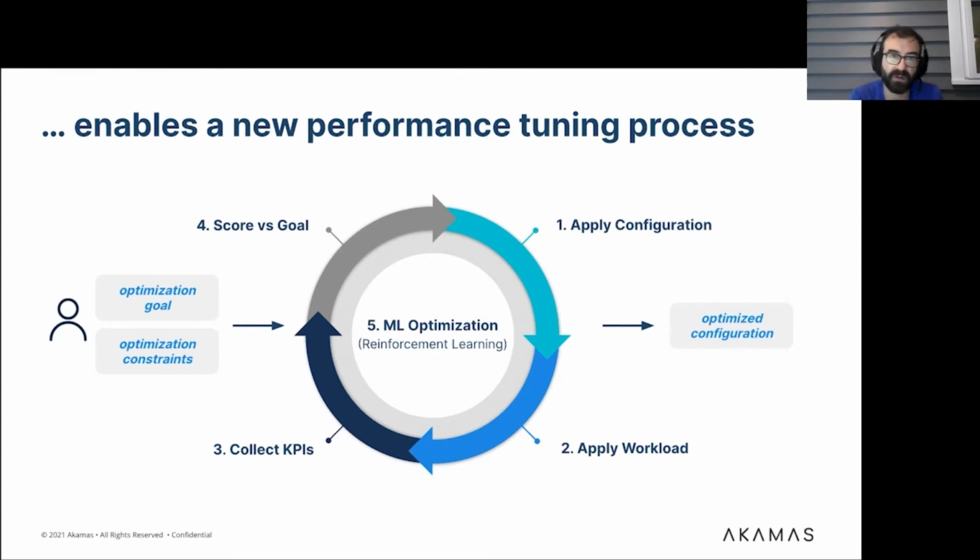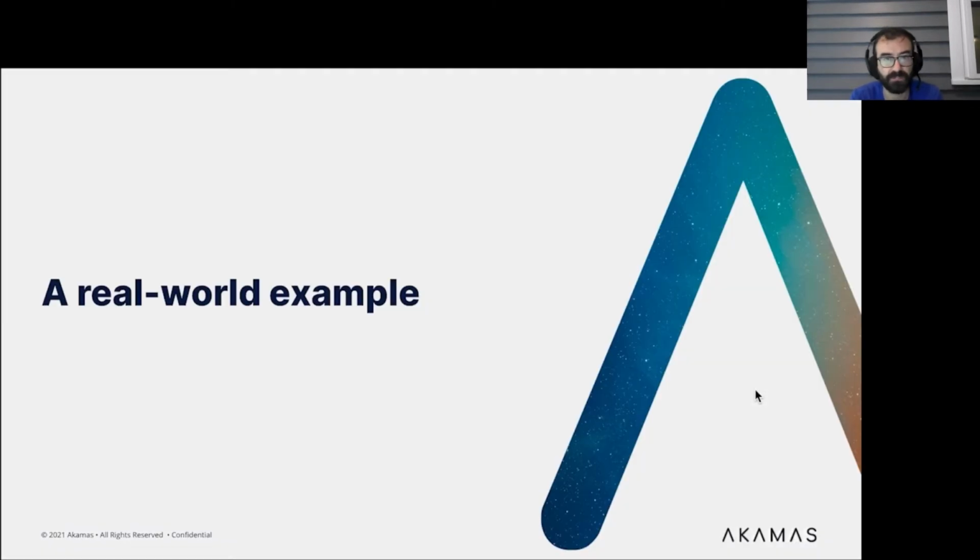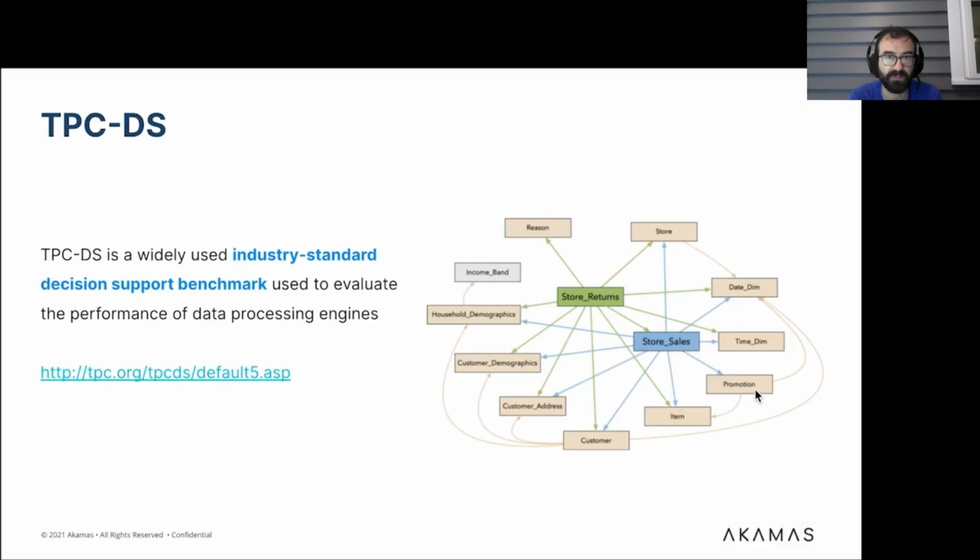For our real case optimization, we leverage TPC-DS, an industry standard benchmark that is used to evaluate and compare the performances of different processing engines. We executed several optimization studies based on different goals, and we then compared different configurations of Dataproc cluster and Spark execution parameters.